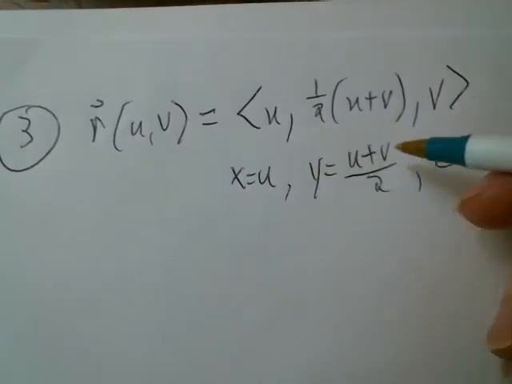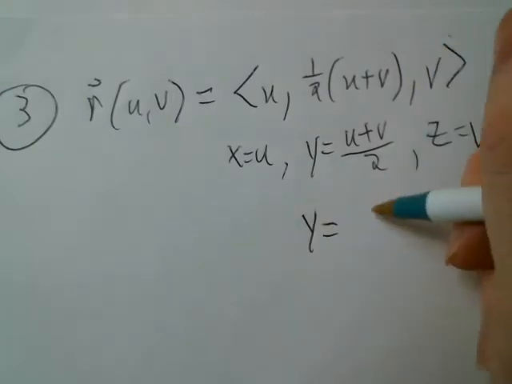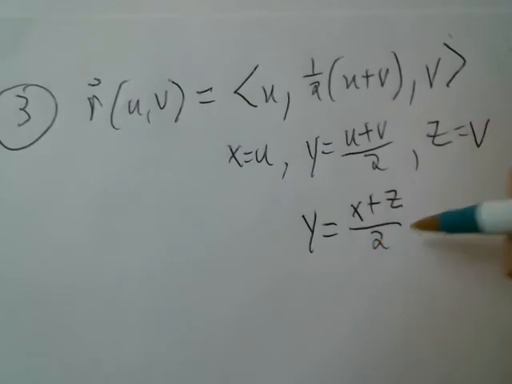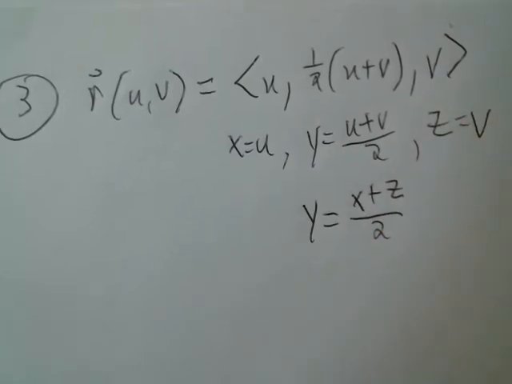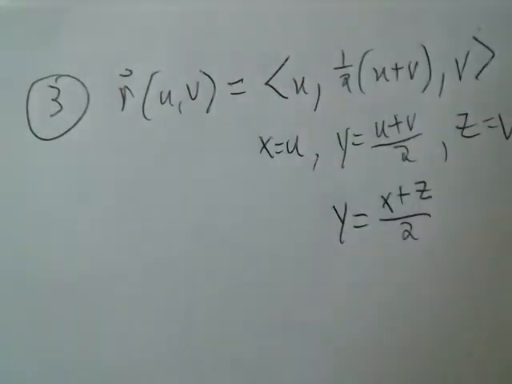Plugging x and z into this equation, you can eliminate the u's and v's, and you get y equals (x plus z) all over 2. If you forgot, that's just the equation of a plane, and not all that difficult to plot.